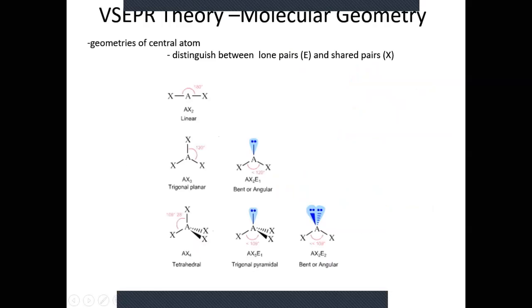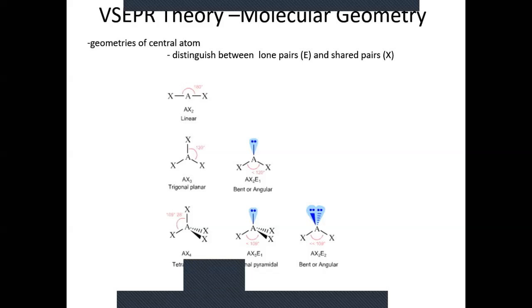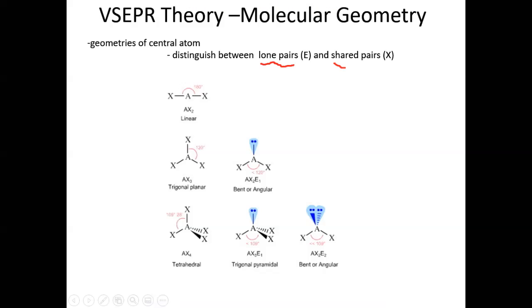Okay. Now with molecular geometry, this shows us how the actual molecule looks, so how the bonds are oriented. So here's where bond angles become important. And so with molecular geometry, we're distinguishing between lone pairs of electrons on the central atom and shared pairs.